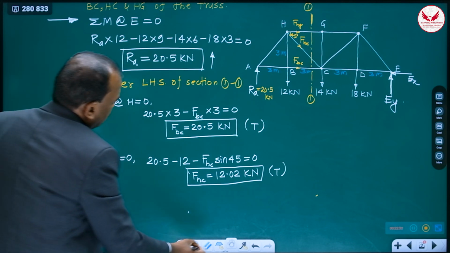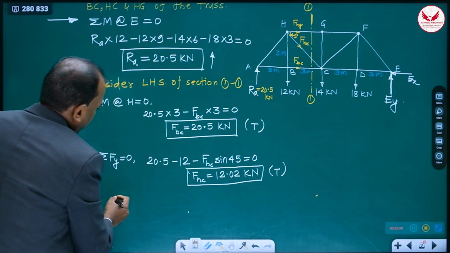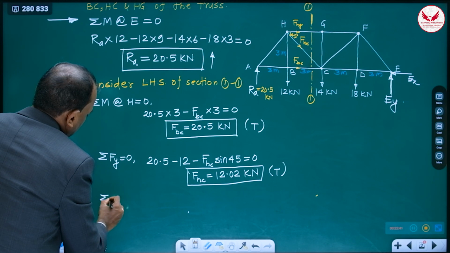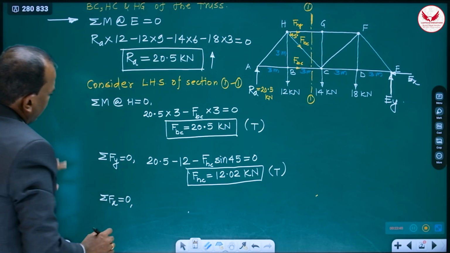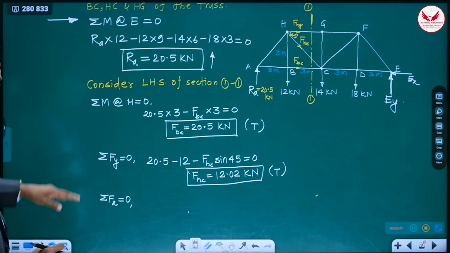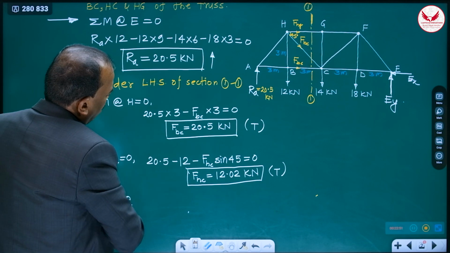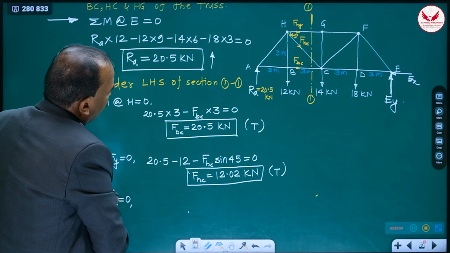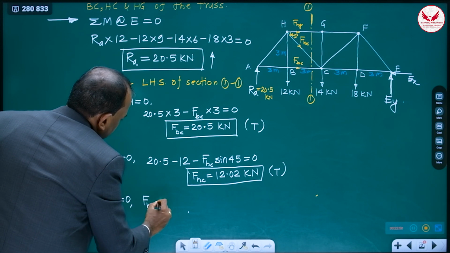Summation Fx is equal to 0. Only these 3 conditions, summation M, summation Fx, summation Fy. We have used 2, now third condition, summation Fx is equal to 0 for LHS side. Then what it will be? FHG towards right, positive.